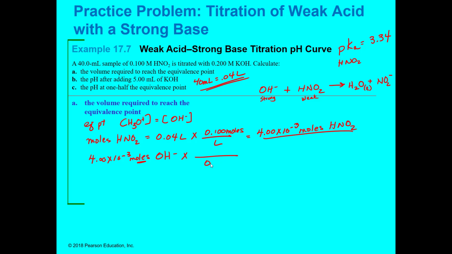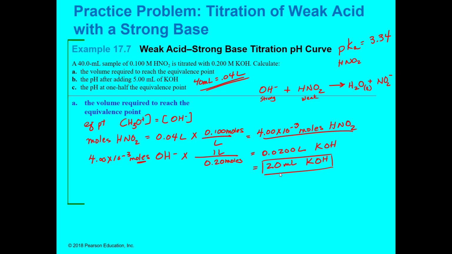So it's going to be 0.2 moles per 1 liter, because that's the molarity. And that's going to give me 0.0200 liters of KOH, or 20 milliliters of KOH.